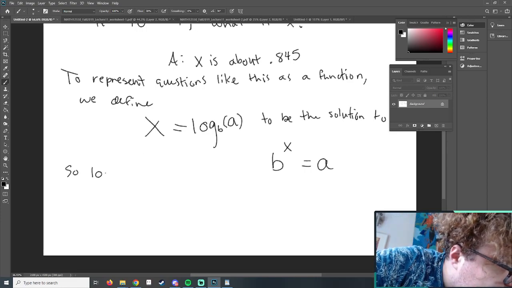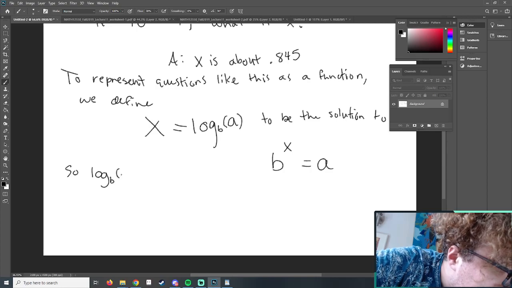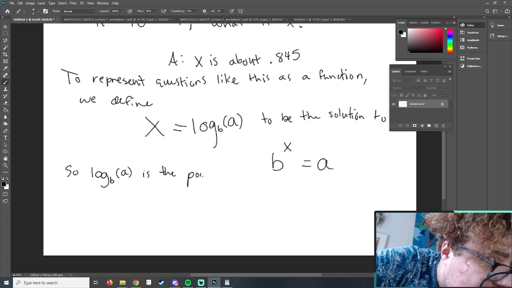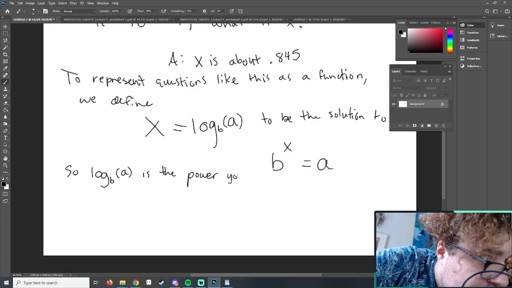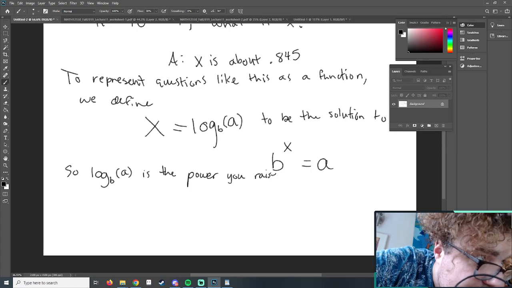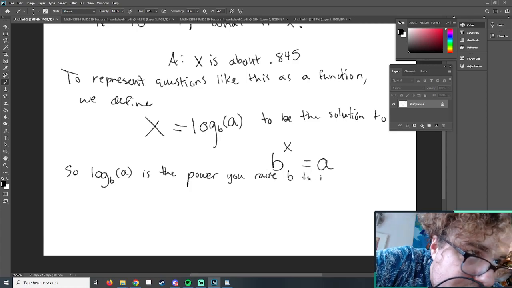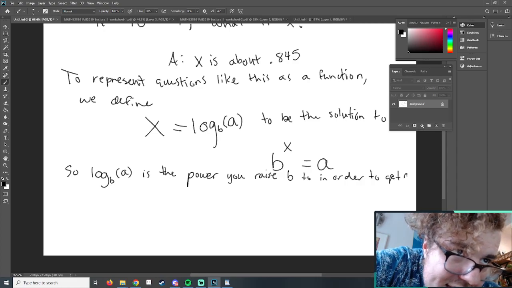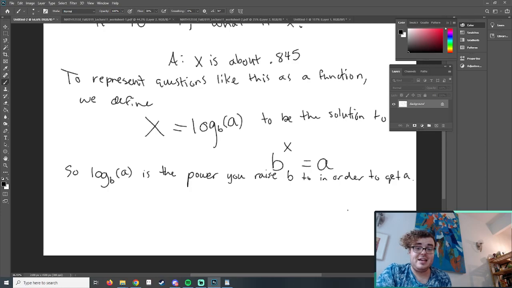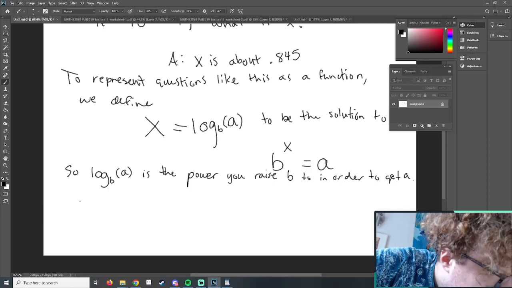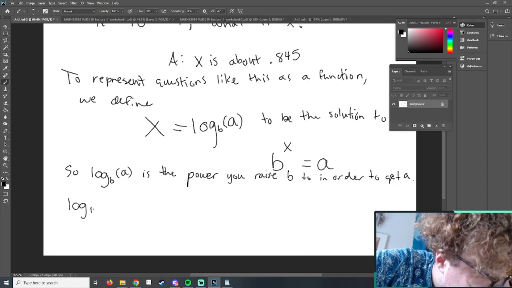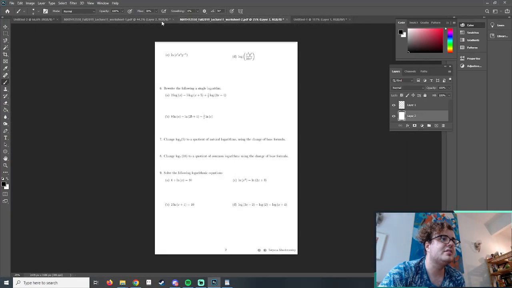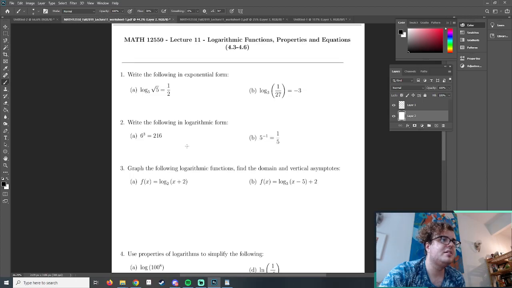So log base b of a is the power you raise b to in order to get a. For example, log base 10, or actually, sorry, I took a look at the first few problems on there.